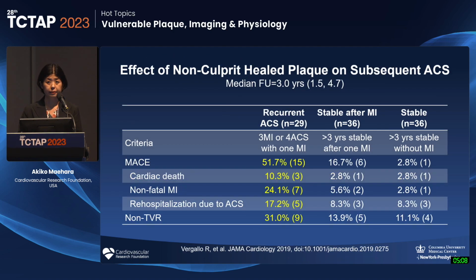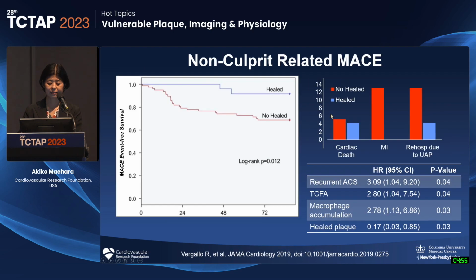In terms of events, they included only cardiac death and ACS-related events. If they include only ACS-related events, recurrent ACS patients had more such events. And talking about what underlying plaque is associated with such events, not having the healed plaque is more likely associated with future MI or ACS, on top of the regular findings like TCFA or others.